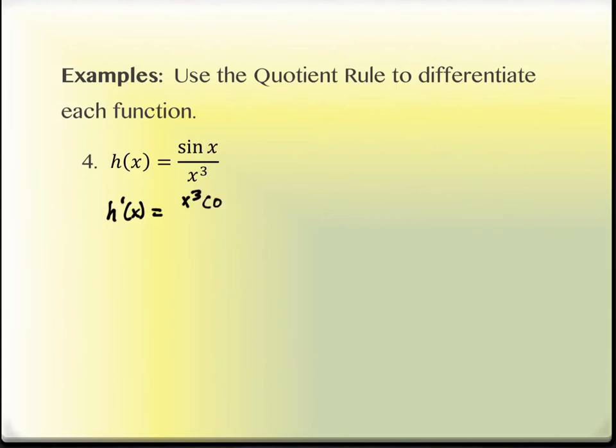Cosine. Derivative of sine is cosine. And then it's subtraction. And now we flip the order. I've got my numerator. And I have the derivative of the denominator. So what's the derivative of x cubed? 3x squared. And all of this is over the denominator, x cubed squared.